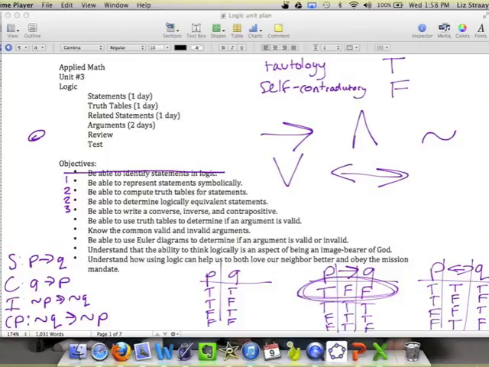We also talked about the words antecedent and consequent.